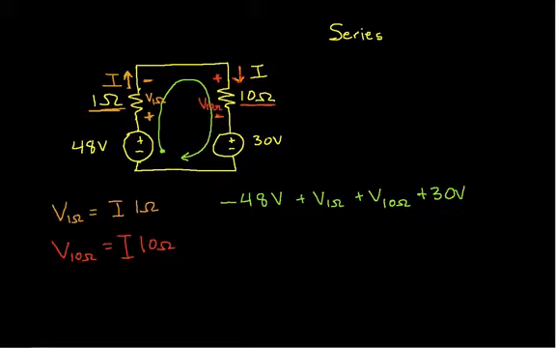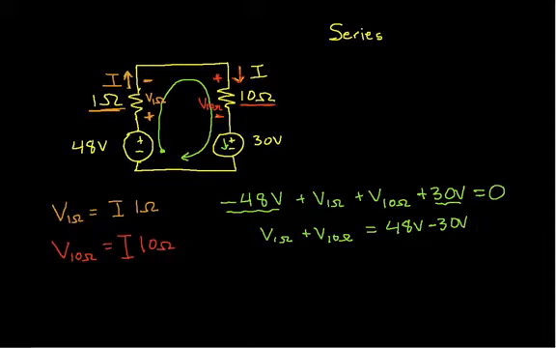Here I'm going from positive to negative through that source, and this is equal to 0. Now I'll do a little bit of math. I'll move these to the other side of the equal sign. So I have V1 ohm plus V10 ohms is equal to 48 volts minus 30 volts.